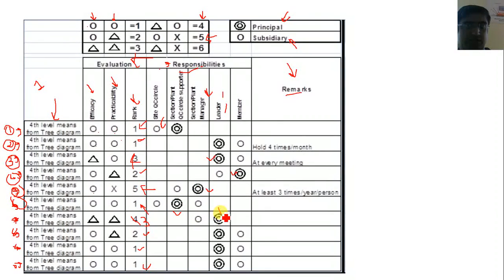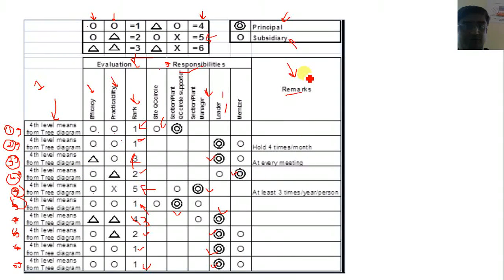Okay. So here you can see the responsibility of this task is assigned to specific persons inside an organization. And also here are the remarks for a leader, that he or she must hold a 4 times meeting per month. And at every meeting this mean must be discussed.